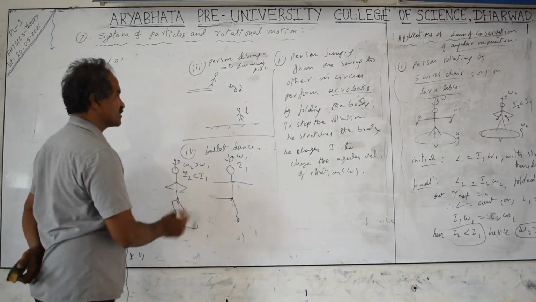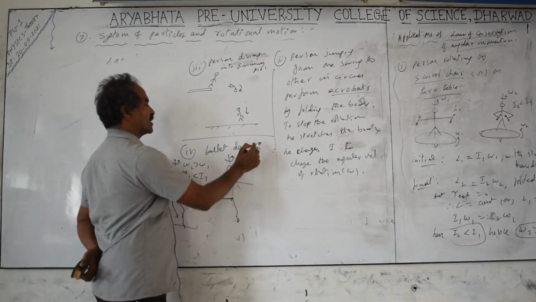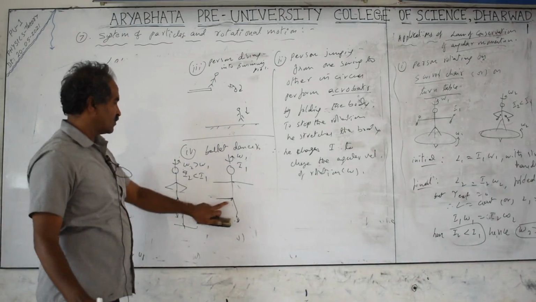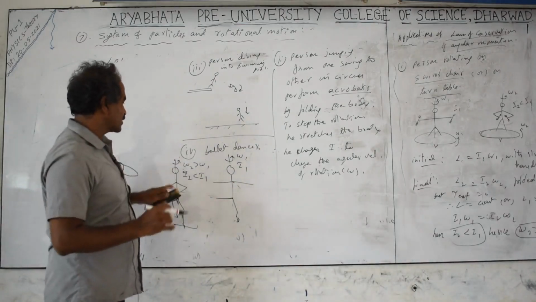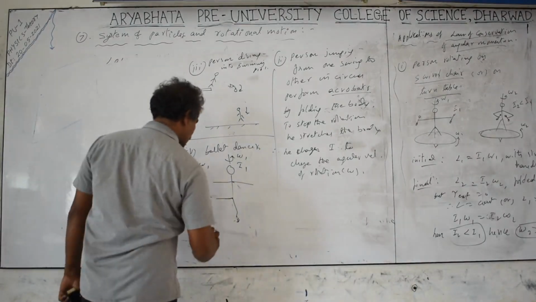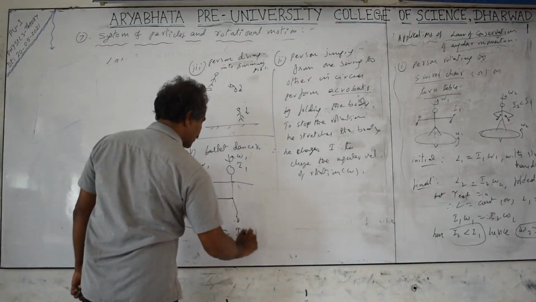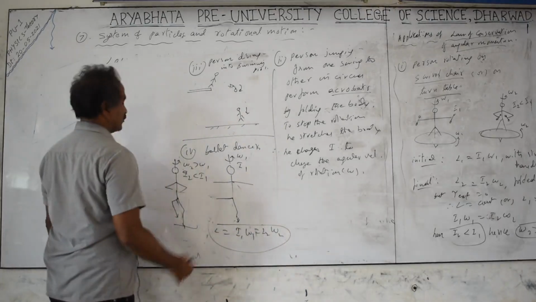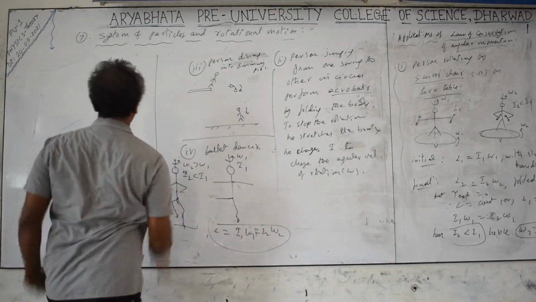So the speed changes. This is ballet dancing. Moment of inertia increases if you stretch the hands and one leg, and if you fold them, the moment of inertia decreases and omega increases, because L is constant: I1 omega 1 equals I2 omega 2. If I increases, omega decreases, and vice versa.